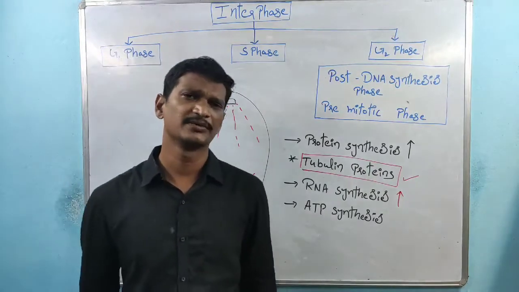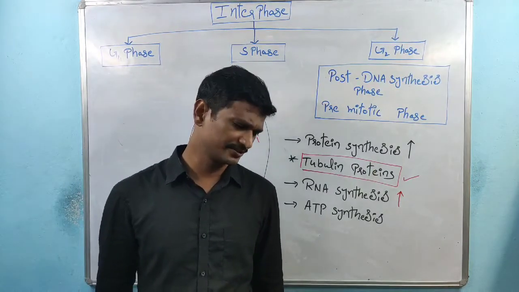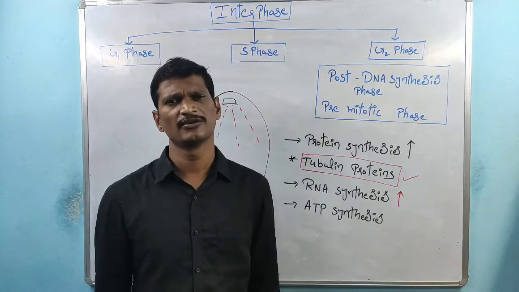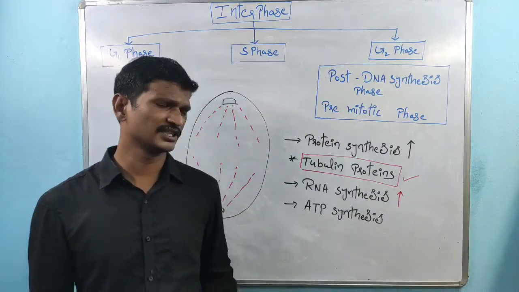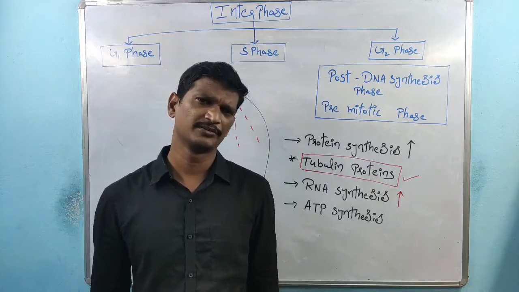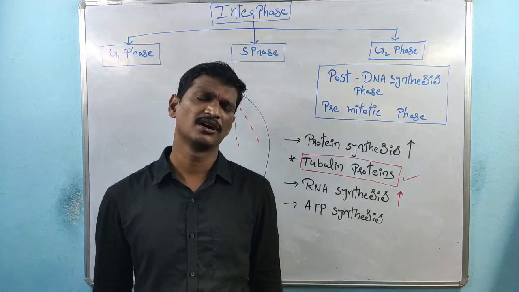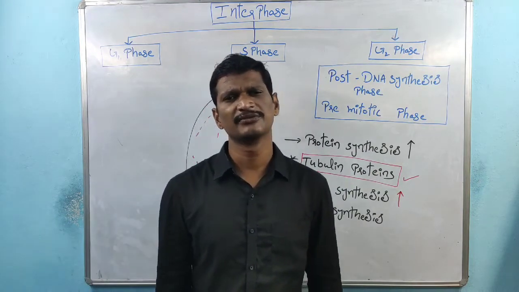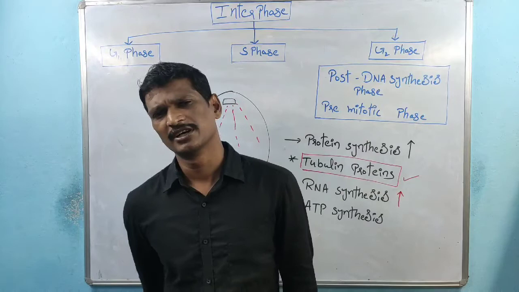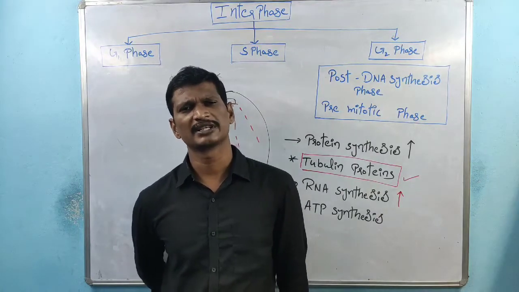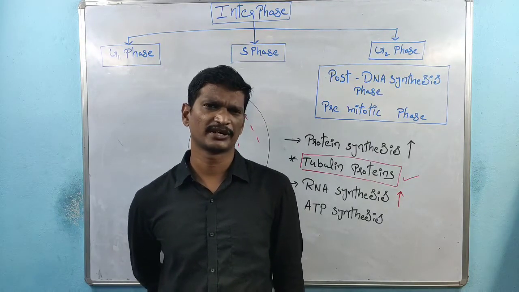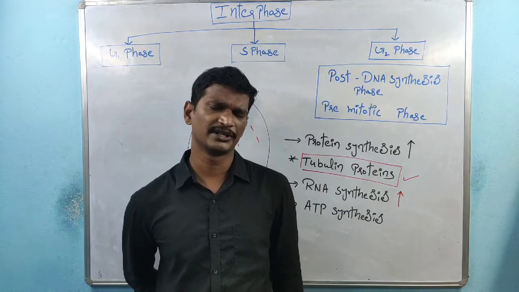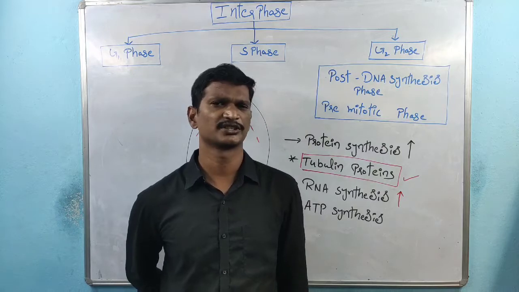And next one is ATP synthesis. In a cell, ATP synthesis is always very important. So here in a cell more amount of ATP synthesis takes place, then all metabolic activities take place. Remember, for the cell division, the very important factor is the energy. If energy is available, the cell division takes place.